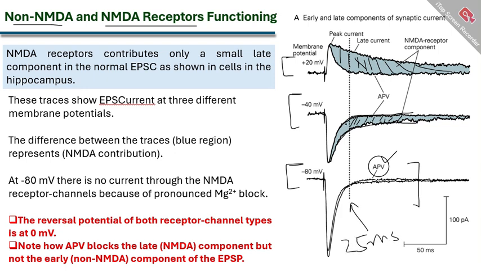It means that the NMDA component is more prominent in the late component of the EPSP after 25 milliseconds. You can see that the NMDA component is mostly present in this part of the EPSP. That is why we say that NMDA contributes to the late component of the EPSP.